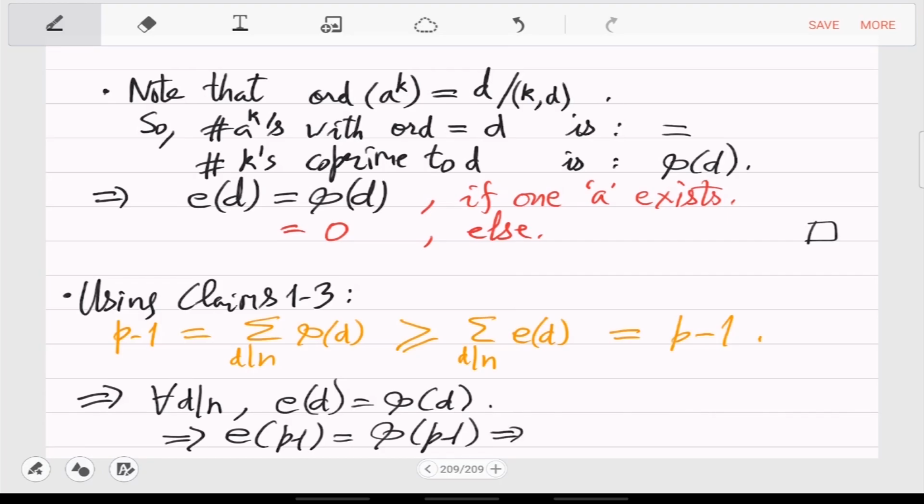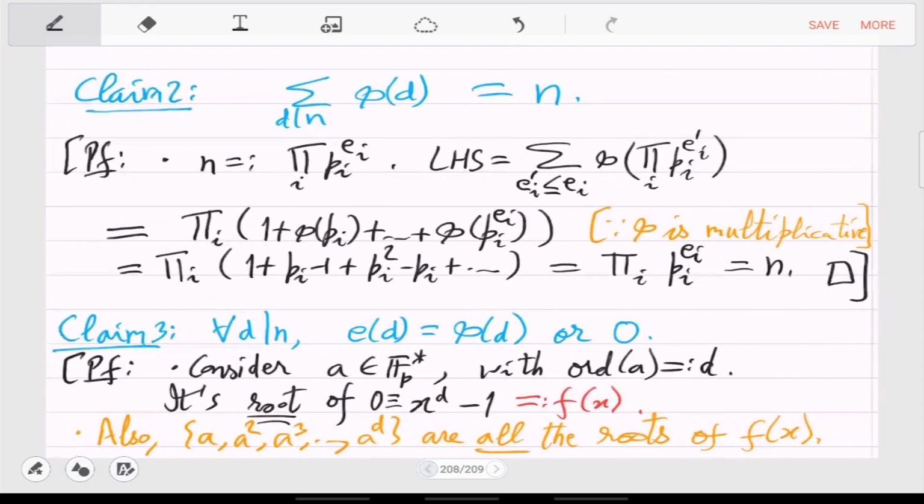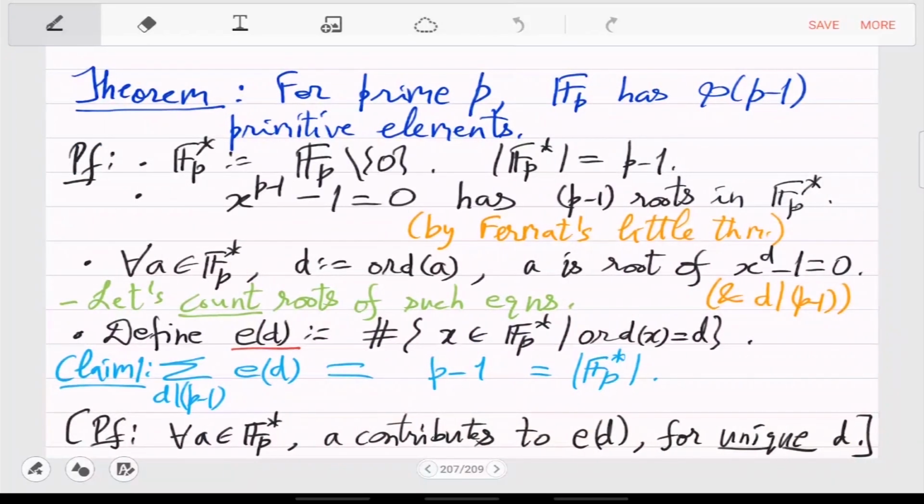So there are many primitive elements, as many as exactly phi of p minus 1. Is this clear? That finishes the proof of the top theorem, that for any prime p, the finite field has lots of primitive elements.